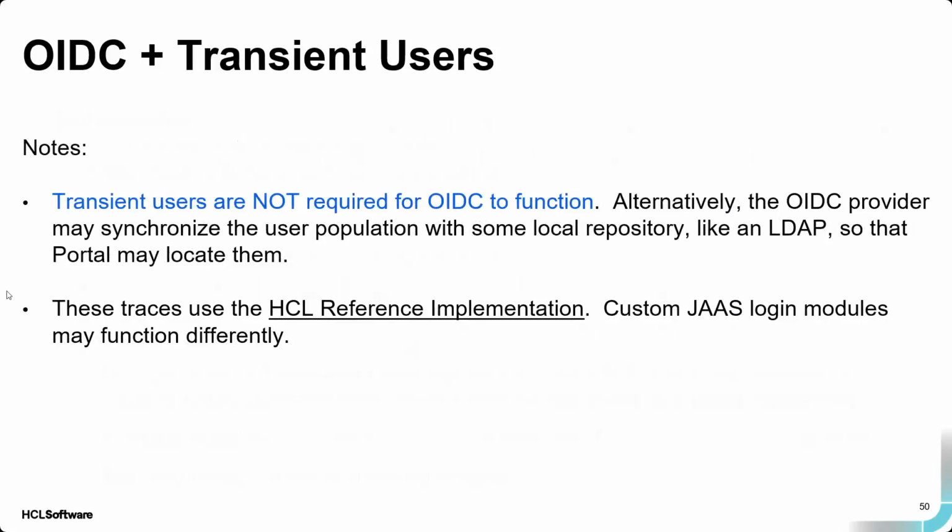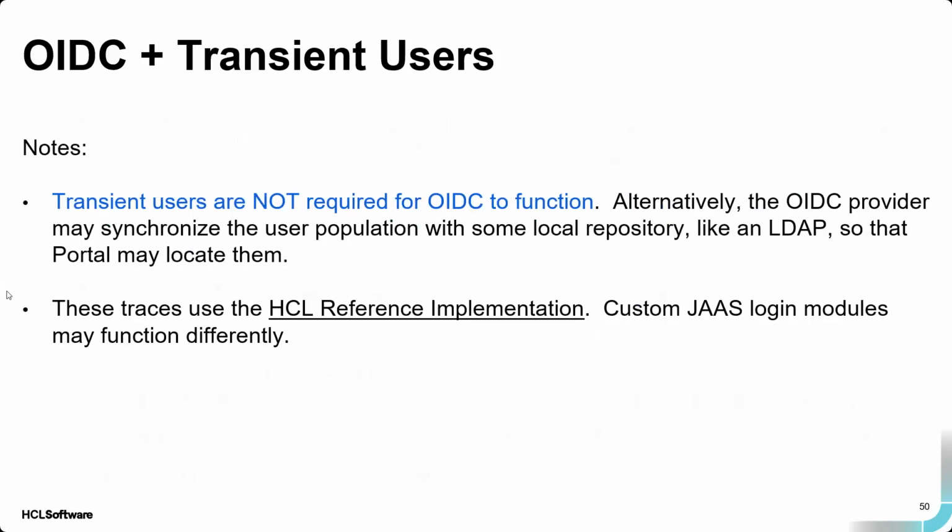The reason I'm bringing them up here is because at least 75%, if not 90%, of the customers I've worked with have been given the task of getting rid of their LDAP and going strictly to cloud identity providers. But most of these providers provide ways to synchronize the user base with a local LDAP.